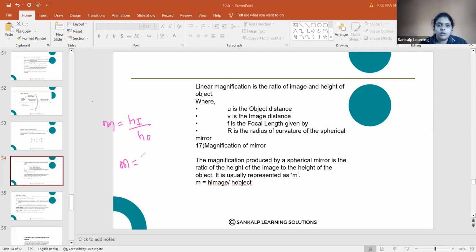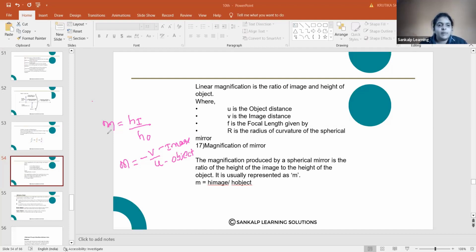The one more formula for this magnification is minus V divided by U. What is V here? V is the image distance. What is U here? U is the object distance. So the ratio of the height of the image to the height of the object is called magnification. Also, the ratio of the distance of the image to the distance of the object is also called magnification.